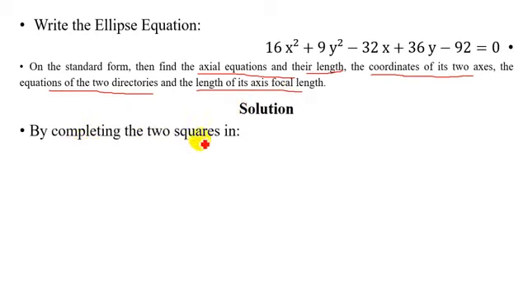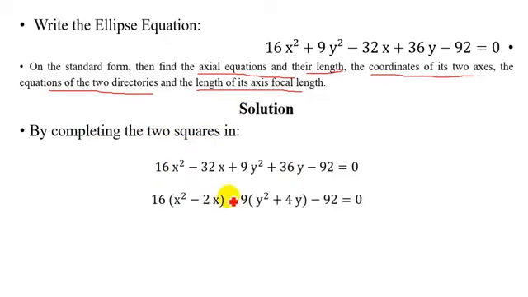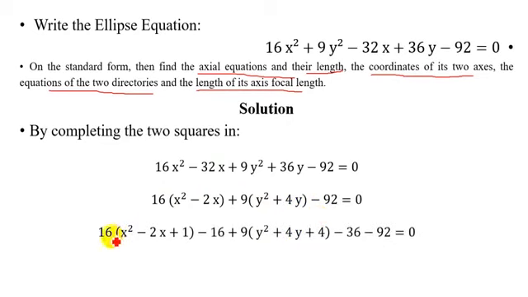By completing the square, we can make it like that. So 16, we will take a common factor 16, and here it will be x squared minus 2x, and in the 9, the common factor, y squared plus 4y.